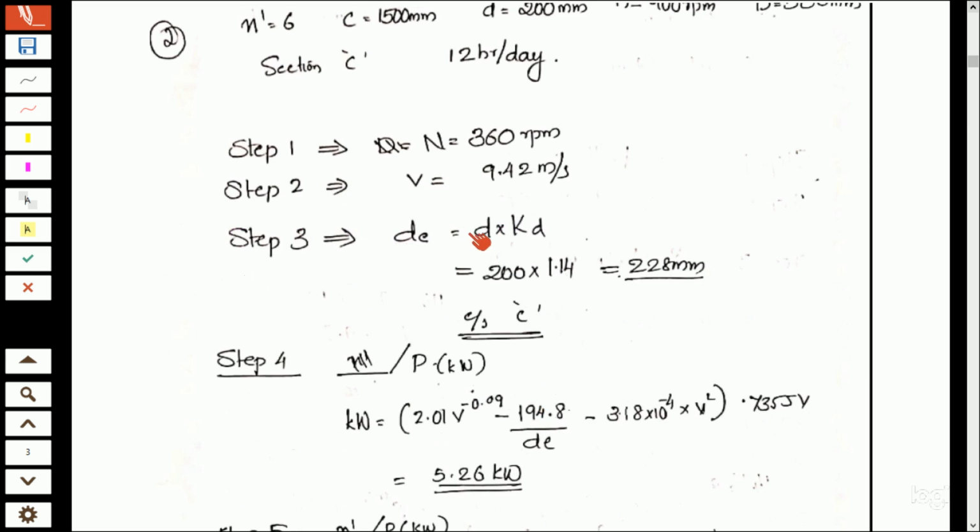Now step number 3, d is equal to small d into kd. So the kd value is going to be 1.14. What is the reason? Because the speed ratio is going beyond the value which is specified there in the table. So we will be selecting the value 1.14 and d is going to be 228. Now, based upon the value of 228, I think I have to explain that once again for your clarity.